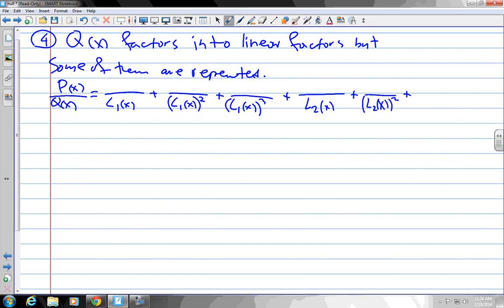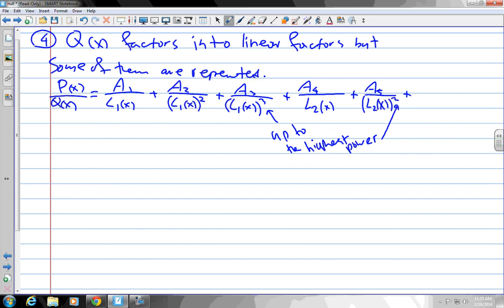And your numerators are still just constants, a1, a2, a3, a4, a5, and so forth.